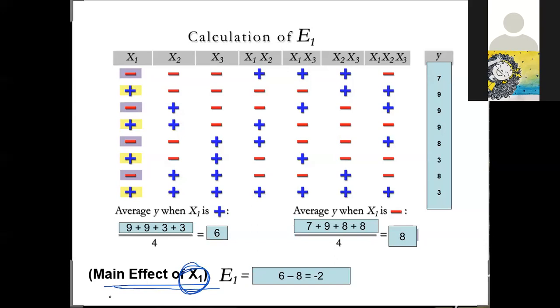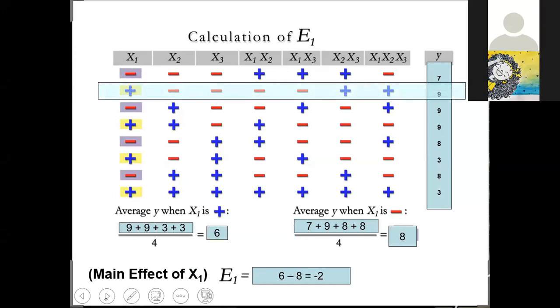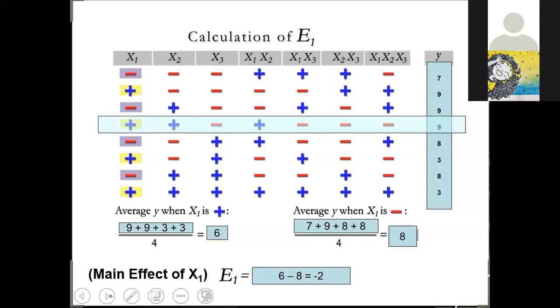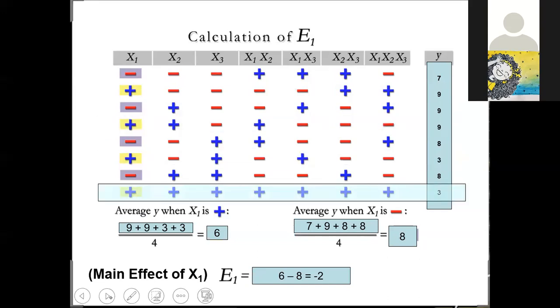You see what the pluses and minuses are there, take the averages and get the difference. So take the plus average versus the minus average. Similarly, if I want to find the other main effects, we can do it. It is showing all the pluses of X1 and taking all the values.